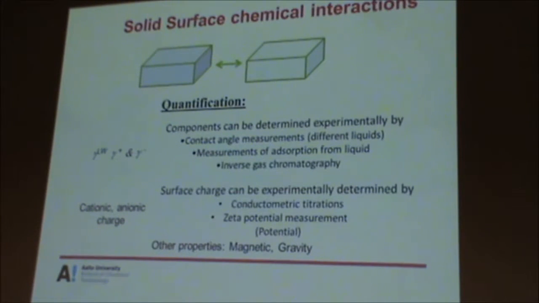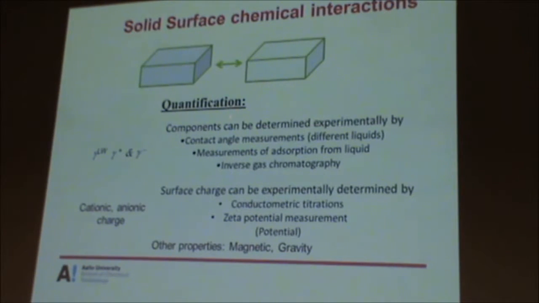If it is negative, the addition will happen. So now, if somebody gives you two surfaces and asks, can you predict if these two will adhere to each other or not? The way to do that is, first measure contact angle on these, and then split them into these components and measure cationic and anionic charges, or measure zeta potential.